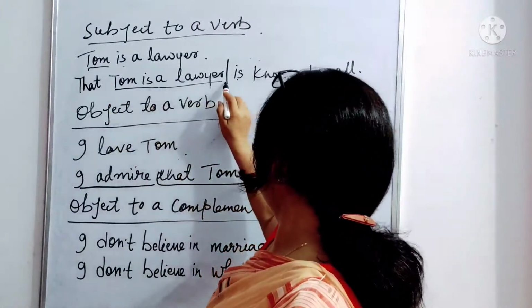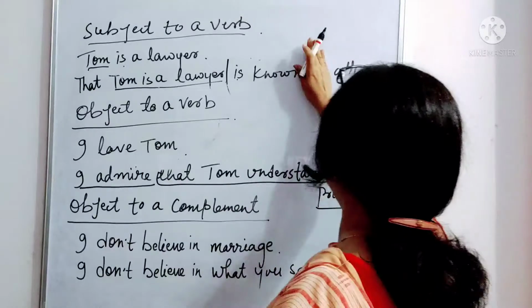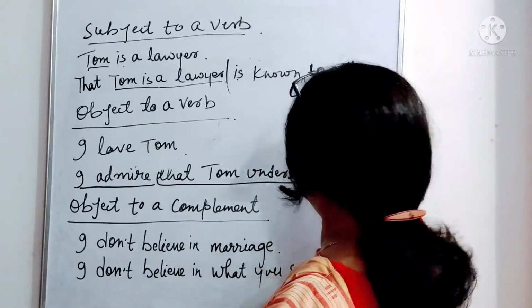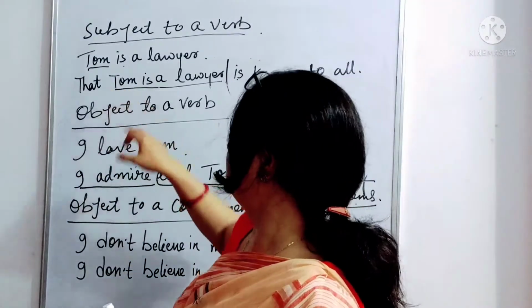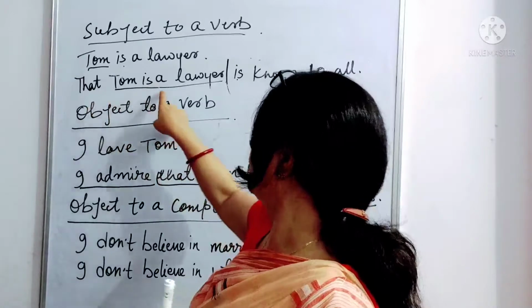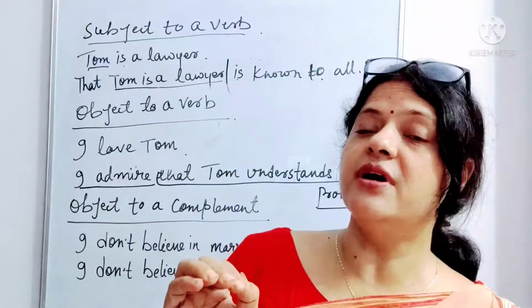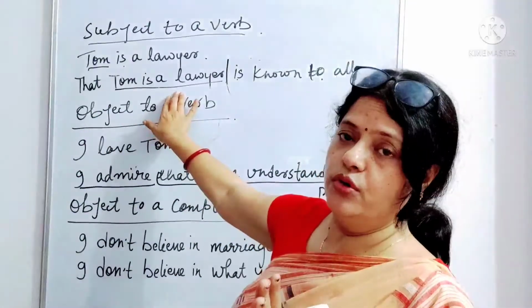That Tom is a lawyer is known to all. It's known by all or known to all, both give the right meaning. So here we see that in this sentence, that Tom is a lawyer is a group of some words doing the work of a noun clause.